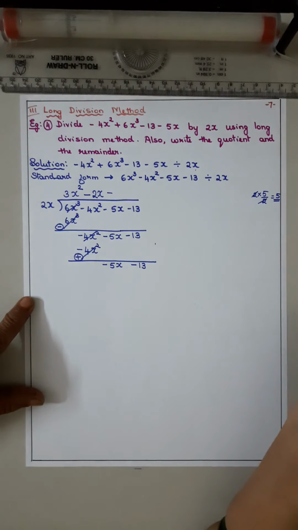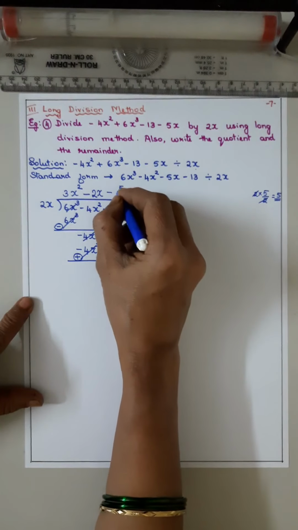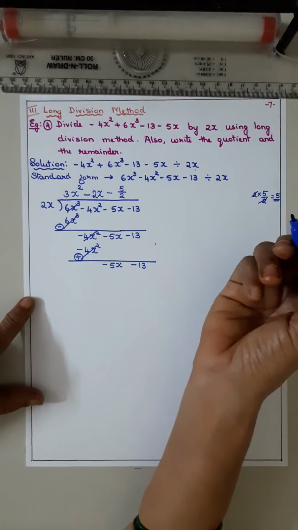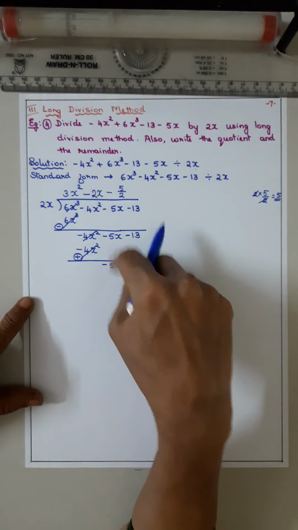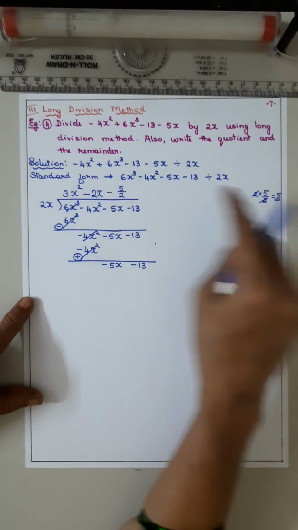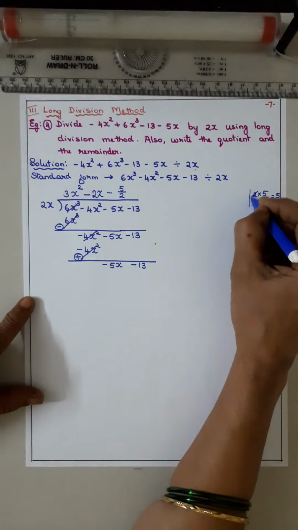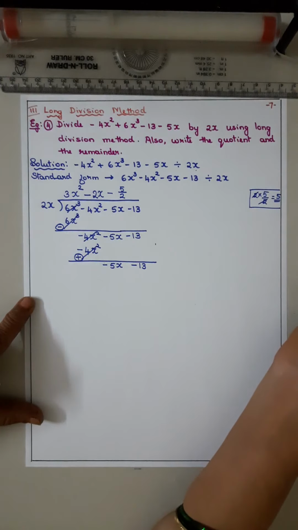Since it is not exact, this number is divided by this 2: 2 into 5 by 2, the 2 gets cancelled, the answer is 5.